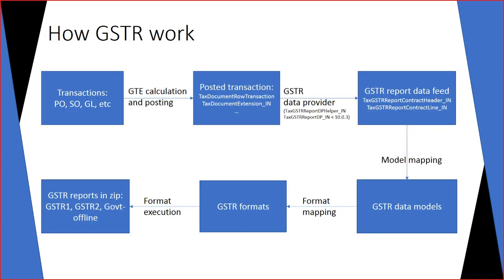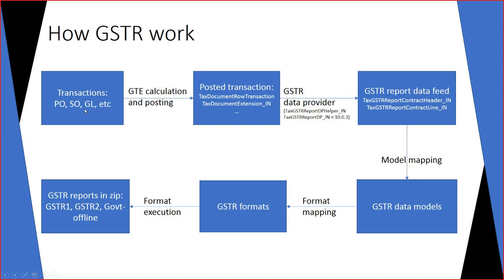So first one, how the GSTR report works. From a GTE perspective, how GTE and GSTR, the whole solution, works. In the system, first of all, you will create transactions, for example, purchase order or sales order or general journal.